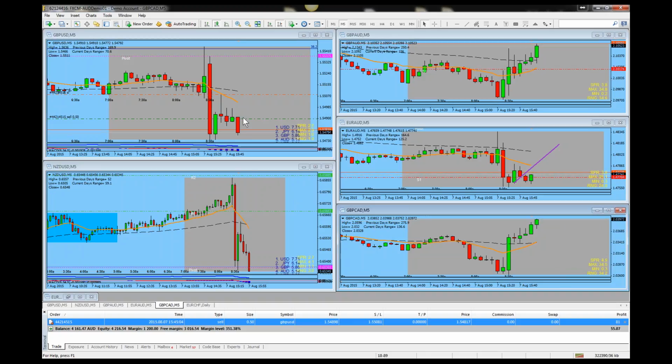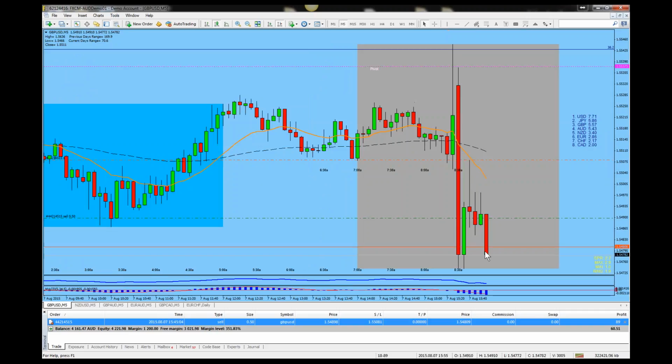This is nice coming out of this consolidation. If price behaves itself, we should get 2 or 3 more candles like this one. Slide the stop up a little bit.